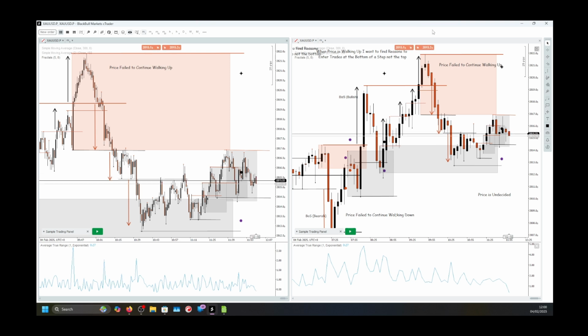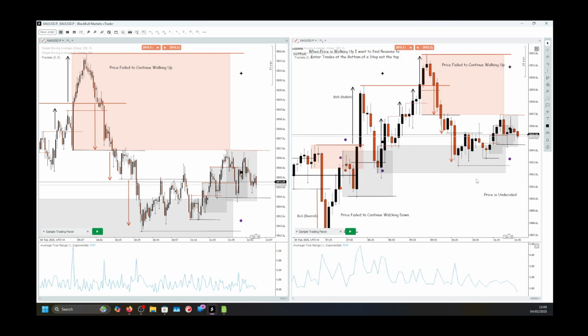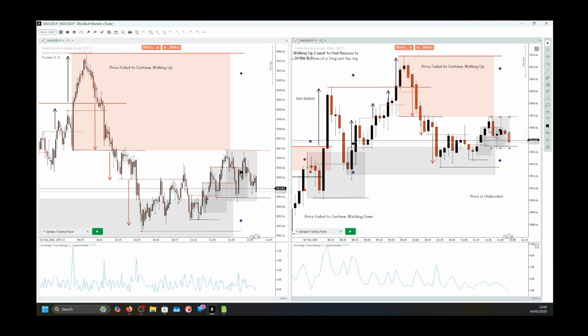So I've just found it more helpful to be able to at least see the 5-minute chart as well, because that's more or less where my entry would have been. And you can see on a 5-minute chart we've got this bullish reaction.